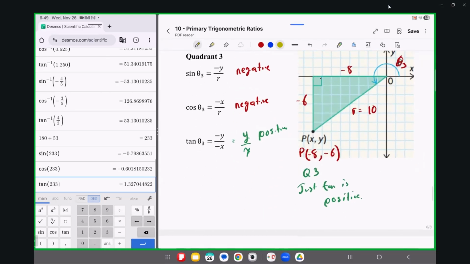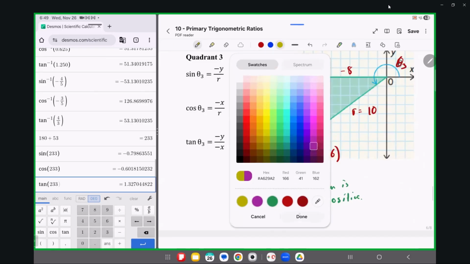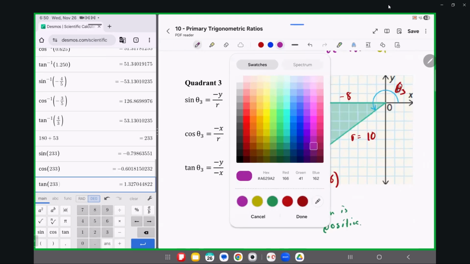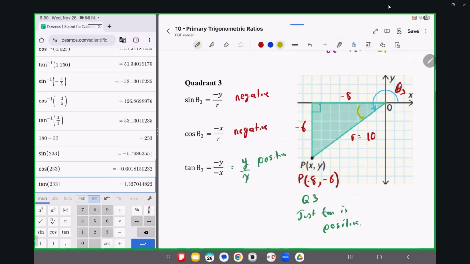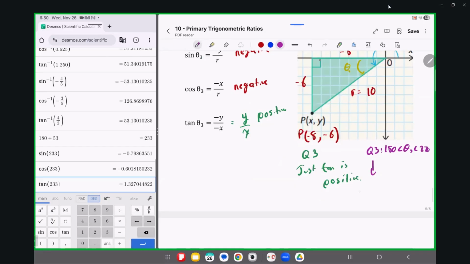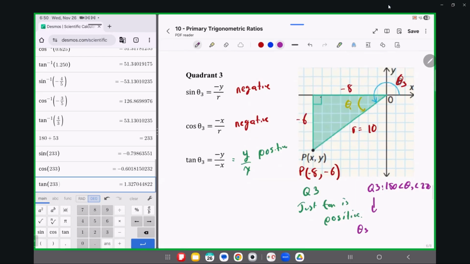Similarly, for quadrant 3, you can see that we've got this reference angle in here again, theta 1. We know that in quadrant 3, theta is going to be between 180 and 270. But to figure it out, we can just take 180 degrees plus theta 1.